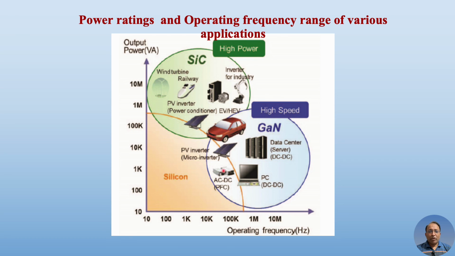Similarly, power factor correction methods or solar panel power micro inverters which are used in solar panel based power supply, power backup, and data centers, the servers which are used across, they also have some kind of power supply. So these are all based on high switching frequency and medium and low power rating. So these applications are mainly suited well for the gallium nitride.